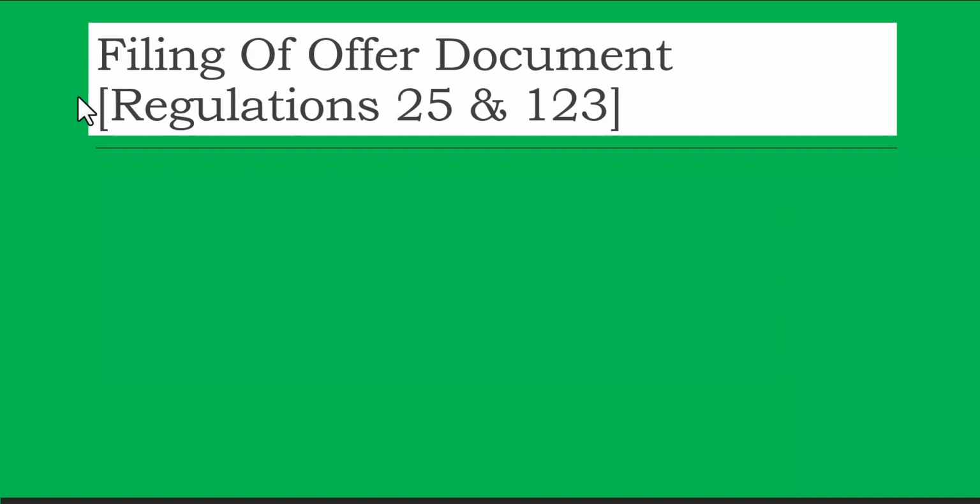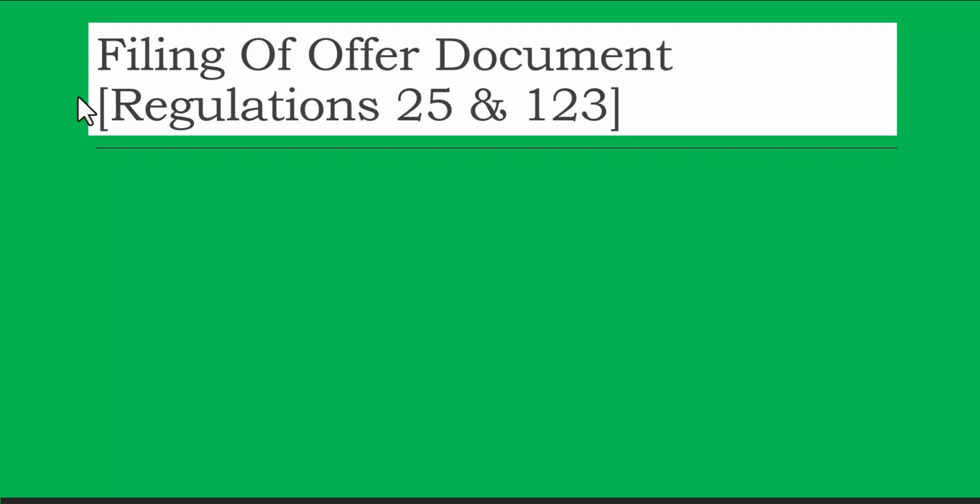So, filing of offer document. We all know, whenever an IPO comes, the company has to come with a prospectus. It is called initially an offer document, okay? Regulation 25 and 123. So 25 is for IPO and 123 for FPO.